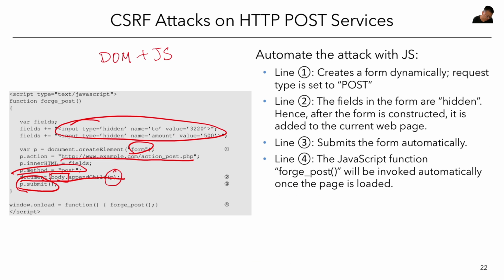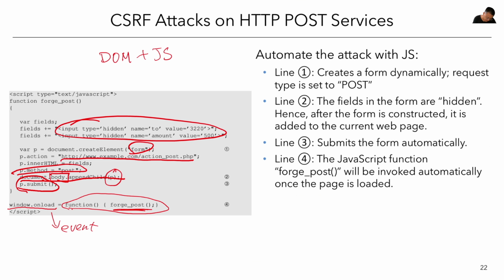A window unload equal to a function this. This will actually assign the event. So unload is an event. When you load the web page, it will be automatically triggered, and it will call this function post function. Then it will send the request to the server.